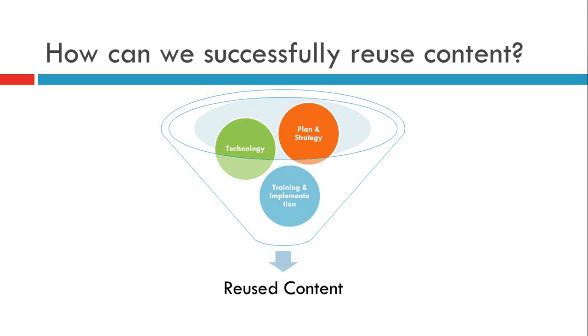The first is opportunistic reuse, where a technical writer makes a conscious decision to reuse the content. This method is quite flexible and allows the user or the author to choose the content and determine the appropriate content for reuse.